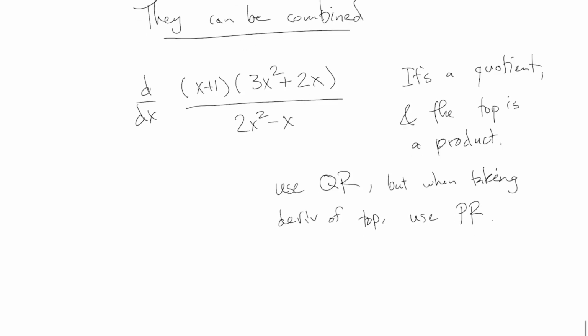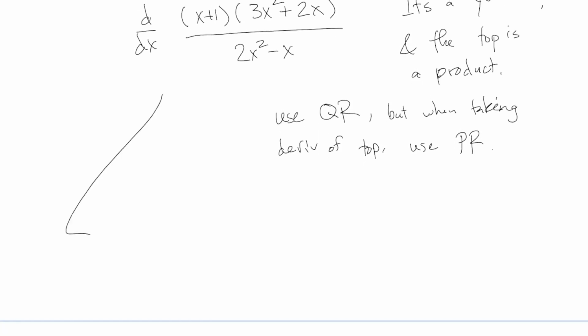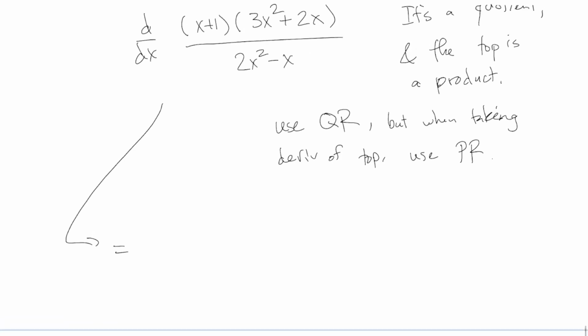It looks kind of big and nasty, but it is manageable. Overall, we're doing the quotient rule, so I'm going to do the bottom times the derivative of the top to begin with. So it's the bottom here times the derivative of the top. Right here, for the derivative of the top, maybe I'll put it in these gnarly brackets.